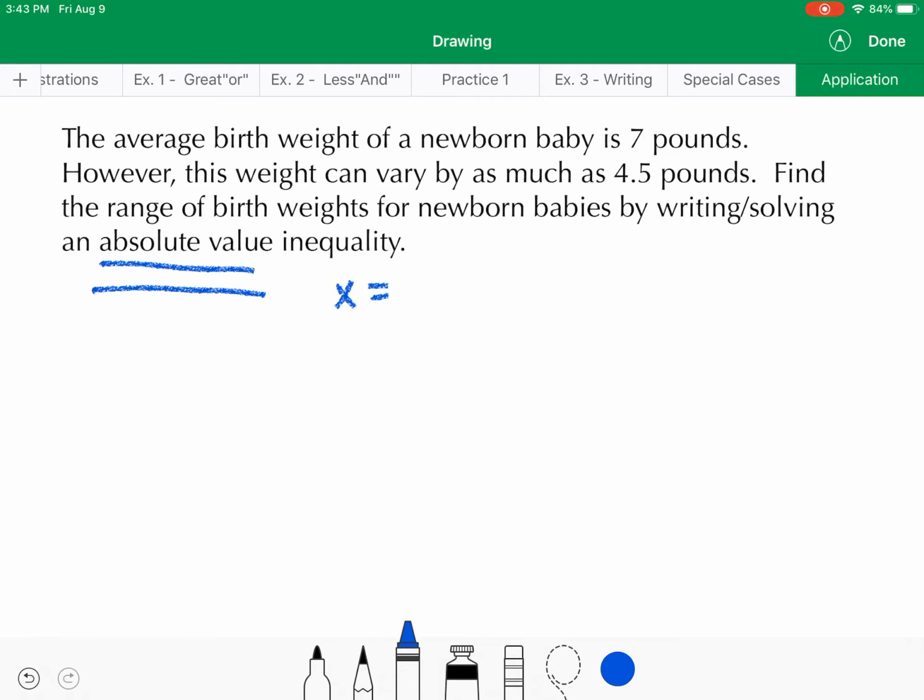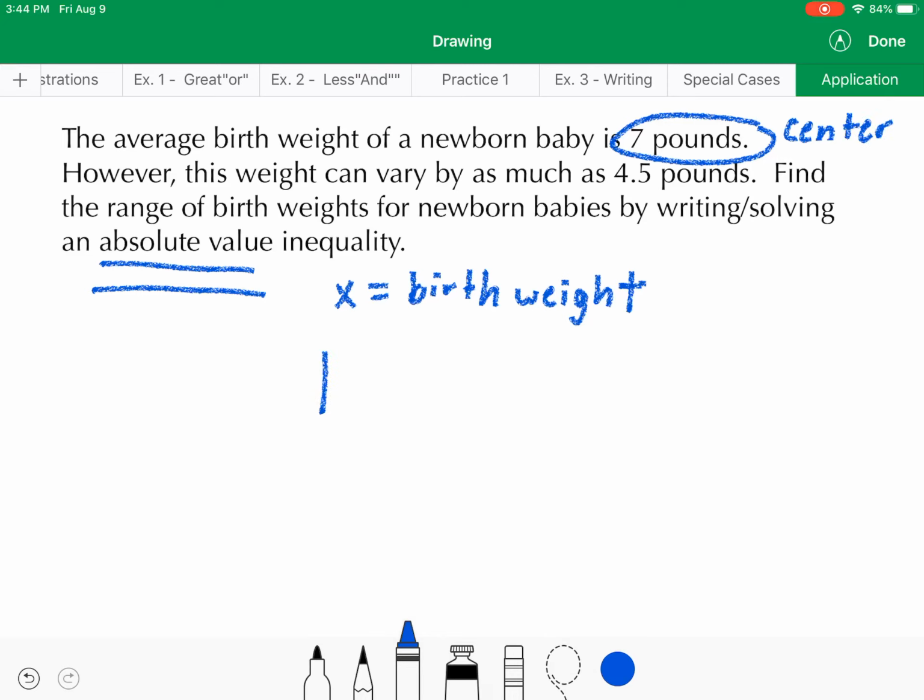I'm going to use x, and we're asked to find a range of birth weights for newborn babies. So that tells me my variable should be the birth weight of a newborn baby, right? Okay, and it's telling me that the average birth weight is 7 pounds. Think of that. That's like your center.